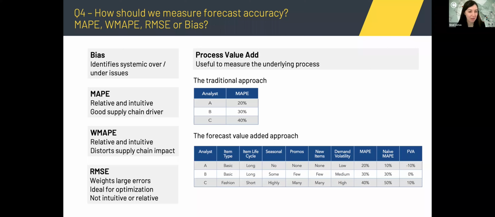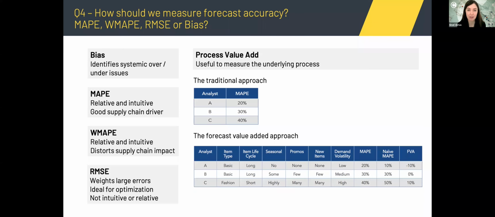Okay, thank you very much for the question. So we see on this slide different metrics that we would measure for forecast accuracy, such as MAPE, which is mean absolute percentage error, and it is a unitless measure. It is used for comparing forecast performance of different types of stock keeping units, for example.